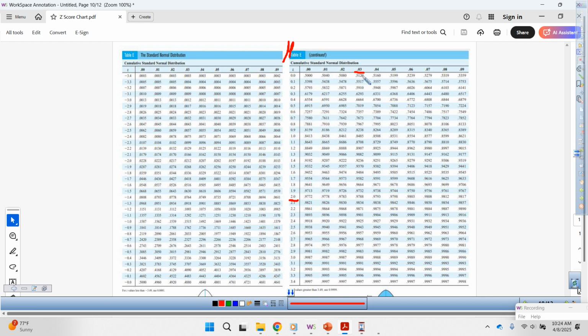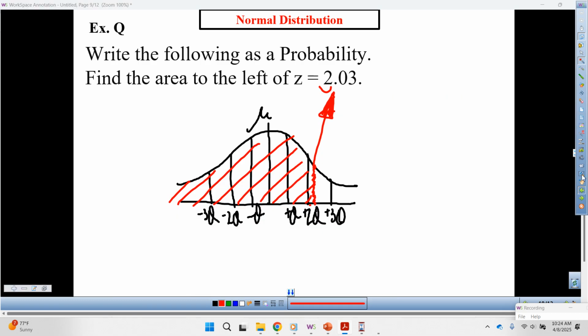Then I intersect both this one and that one, and we end up with this decimal, which is 0.9788. Is that correct? All right. So that means the decimal equivalent of that area is 0.9788, and if we make that into a percent, we move this twice, so that is 97.88%. And if you got that by yourself?